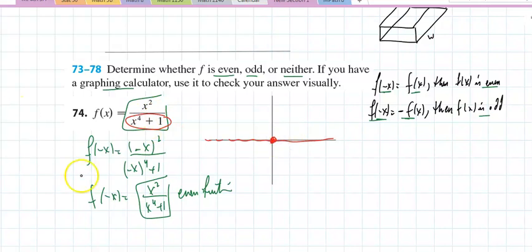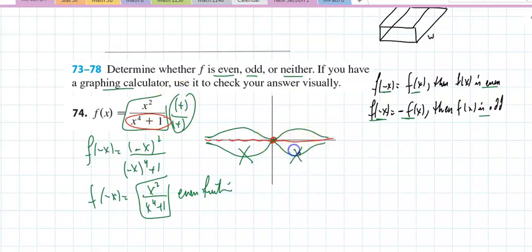So I'm thinking a graph starts next to an asymptote and ends next to an asymptote. I noticed that the top is always positive and the bottom is always positive, so this graph is always positive. So my options would have been either this or something like this. Well, I know it can't be that because y is always positive. And on the right, it could have ended up being like this or like this. Well, it can't be this. So the graph is up there, and I know that's symmetric with respect to the y-axis, which makes it an even function.